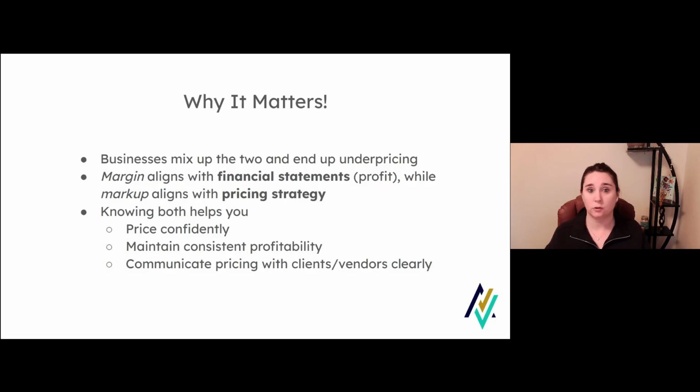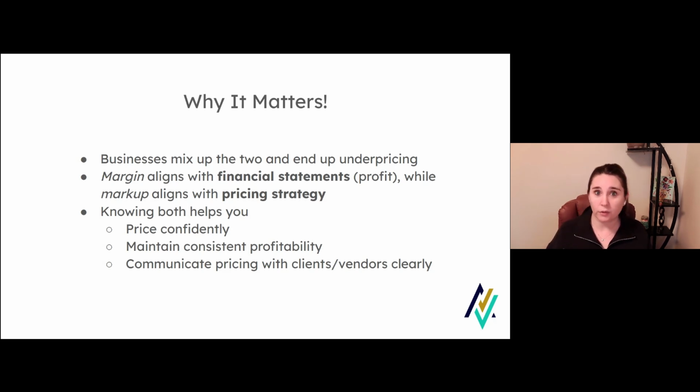Most of the time you'll see this more on your financial statement. And markup is really aligned with your pricing strategy and how much you want to get from your client, and standardizing different things.